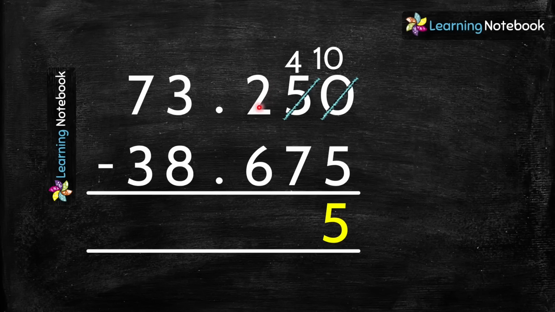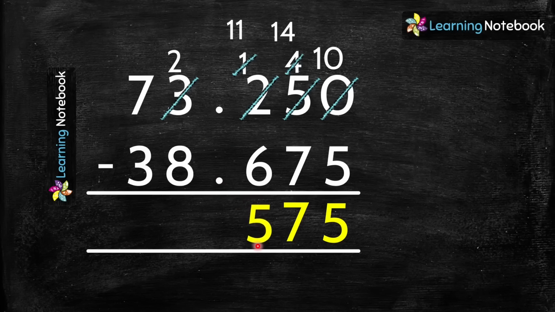So 4 borrows from this 2. 2 becomes 1 and 4 becomes 14. 14 minus 7 equal to 7. Next, 1 is weaker than 6. So 1 borrows from 3. 3 becomes 2 and 1 becomes 11. And 11 minus 6 equal to 5.